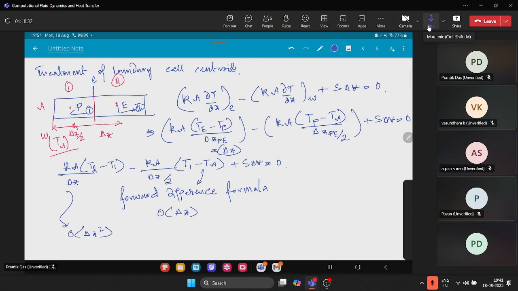So you basically have two kinds of discretization, having different orders of accuracy, when you are discretizing the equation at the boundary cell centers or boundary control volumes. Is it clear to all of you?